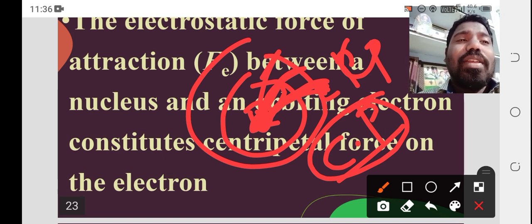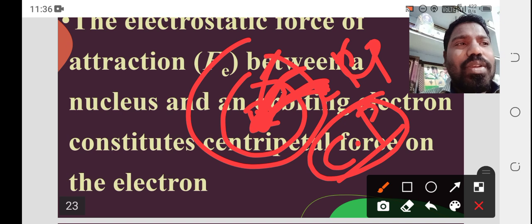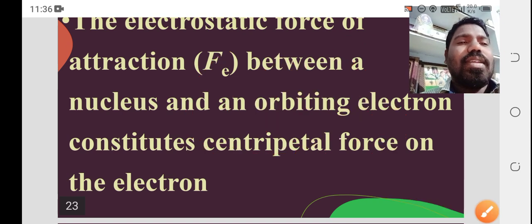So because of the electrostatic force, an attractive force exists between the nucleus and the orbiting electron. This attractive force is simply defined as the centripetal force, because the electron is revolving around the nucleus, meaning the approach of the electron towards the nucleus.